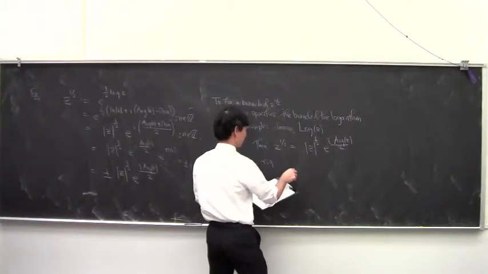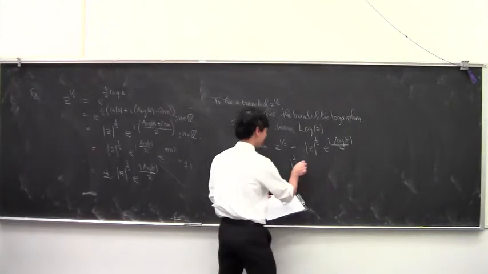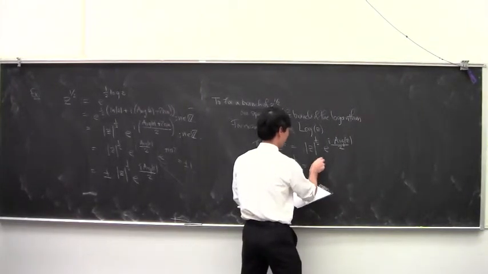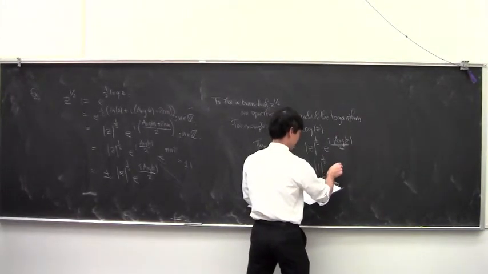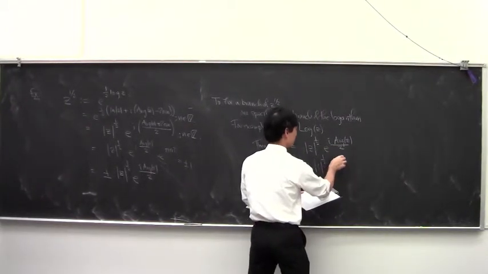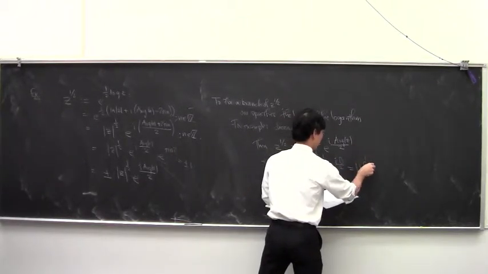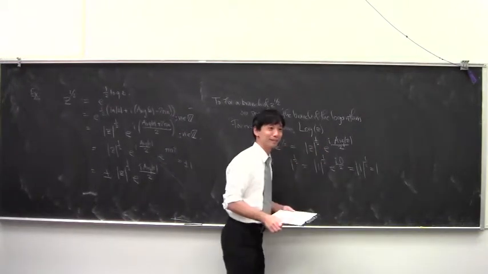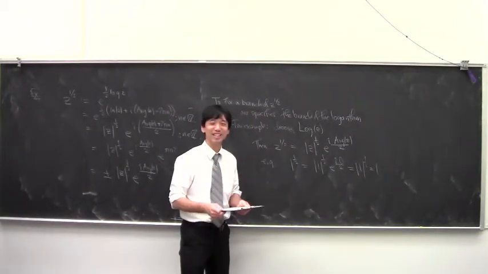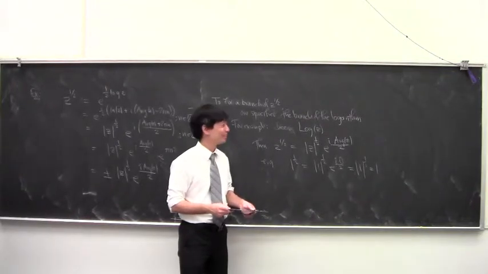For example, to take the square root of 1, that would be e to the i times the argument of 1. The principal argument of 1 is 0, over 2. And you get 1 to the 1/2, which is 1.